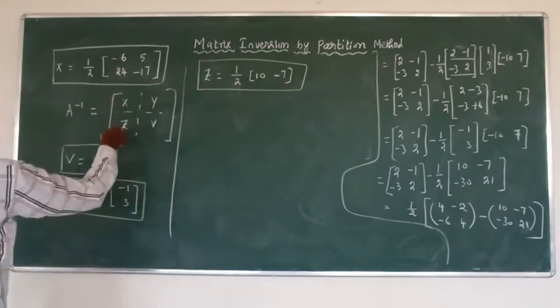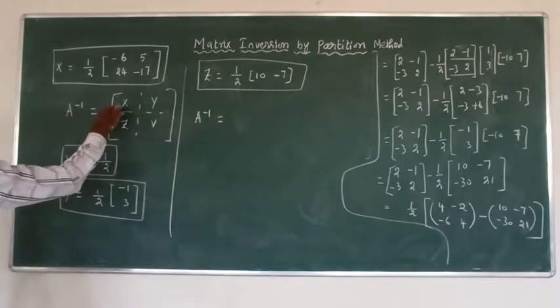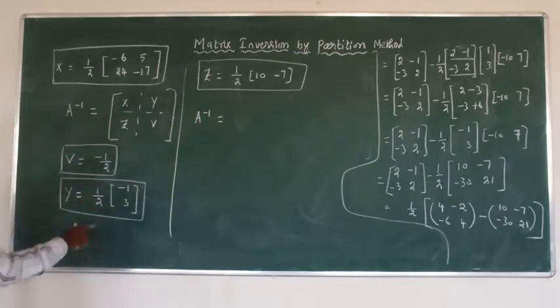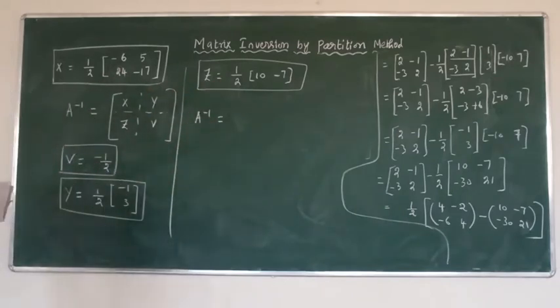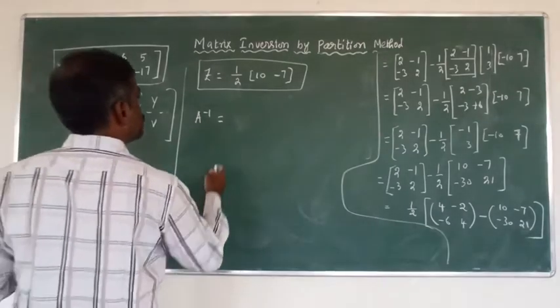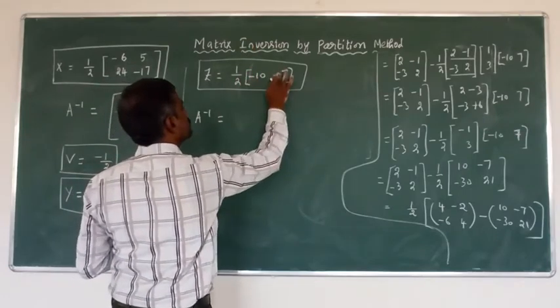Now to substitute here these values, A inverse equal to x value. Here all the 4 terms, 1 by 2 will be common. Here z value minus 10 and 7.